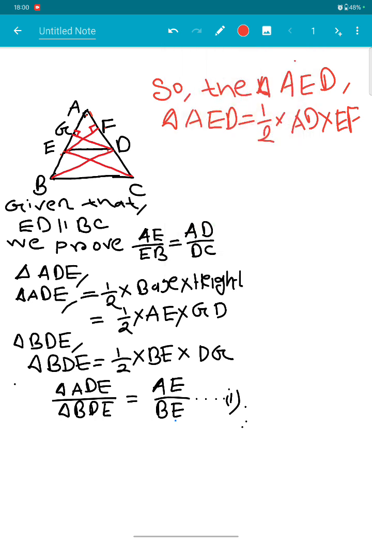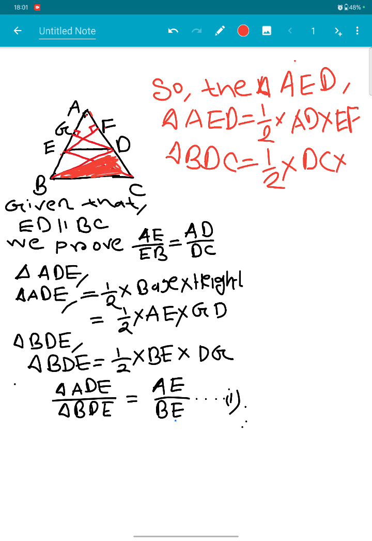And similarly triangle BDC. The area of BDC equals half into base DC into height.